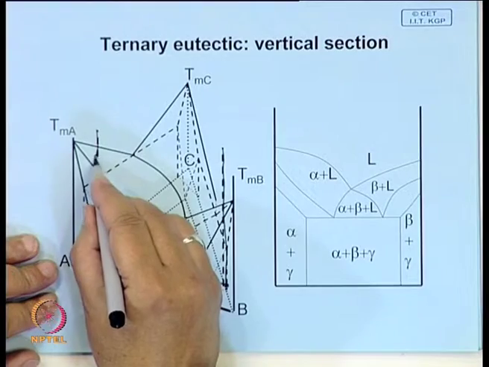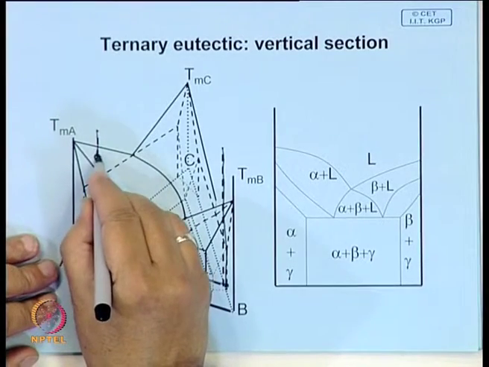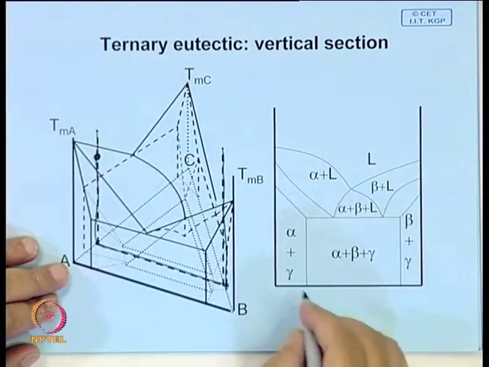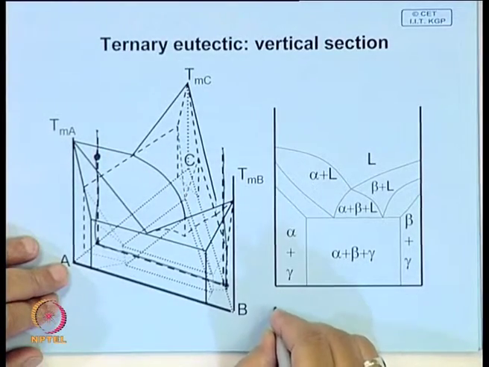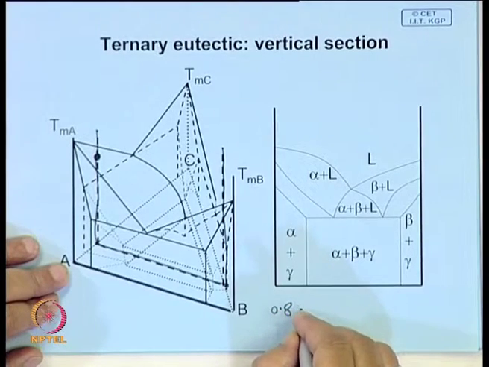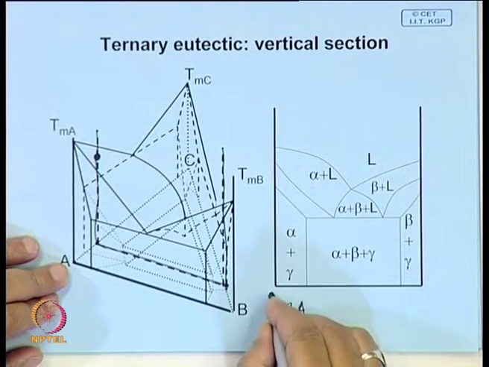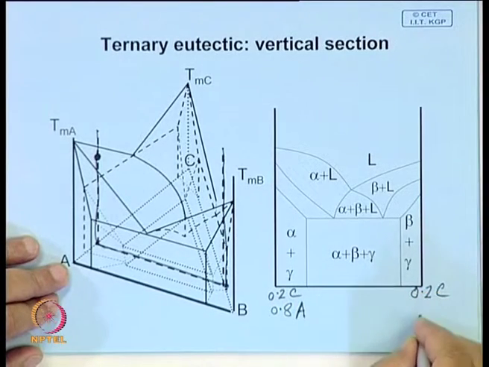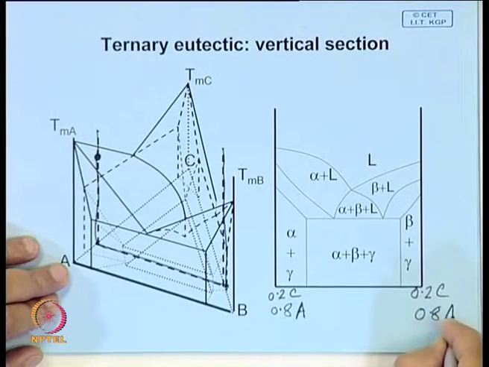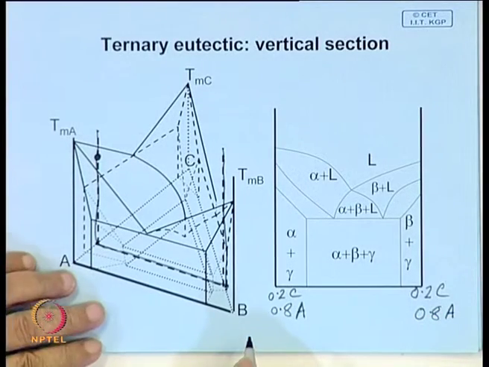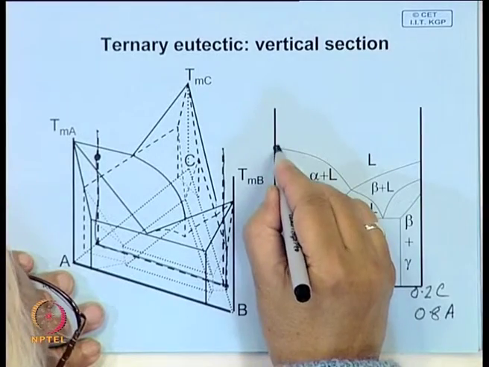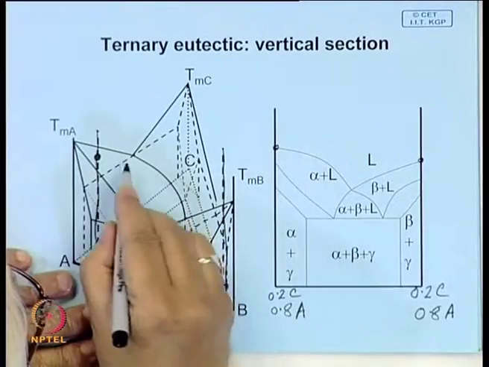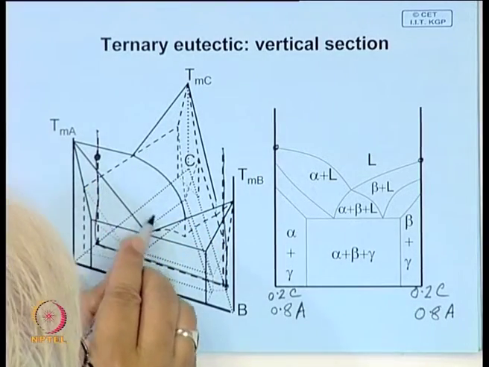Say the first one is very easy to see, this is the point where the liquidus surface is intersected. Let us say this is 80% A, 0.8 A, 0.2 C, this end therefore will be 0.2 C, 0.8 A. So, this point we can easily visualize, and then these two liquidus lines will drop down like this.